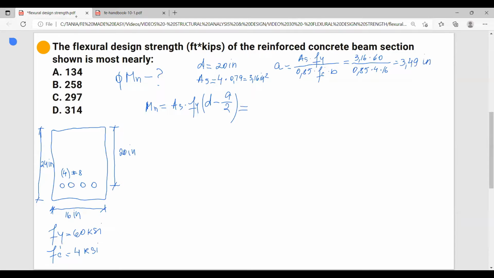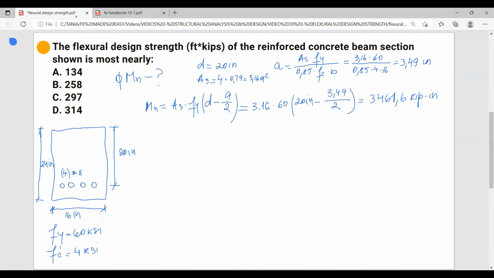Now we can go back here and substitute and calculate Mn. 60 times, d is 20 inches minus 3.49 over 2. Let's calculate this. We get 3,461.6, and this is kip-inch.